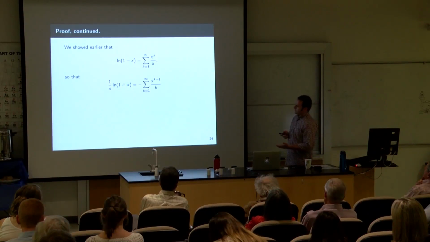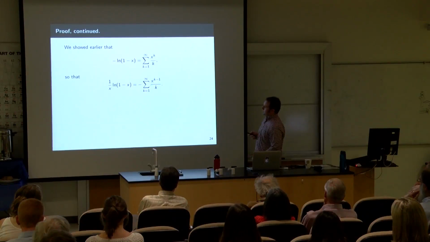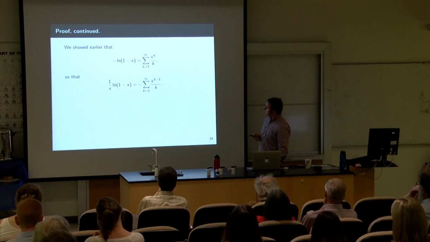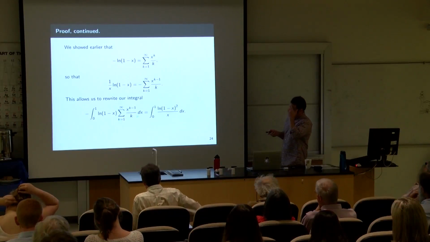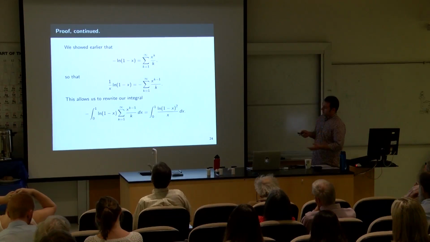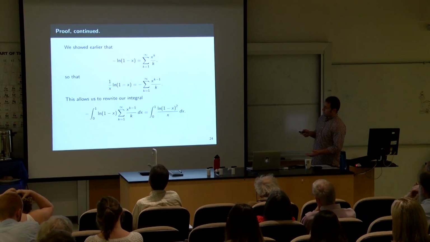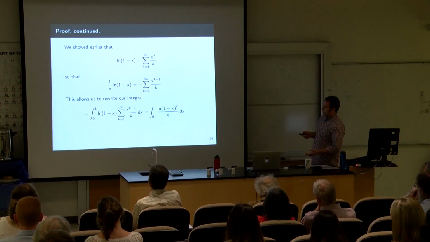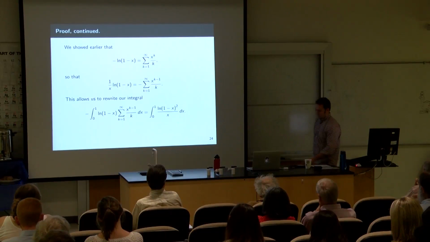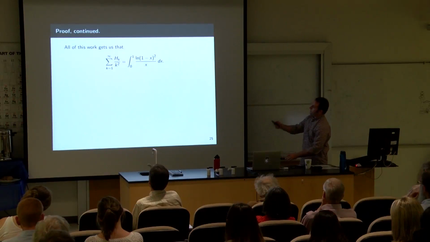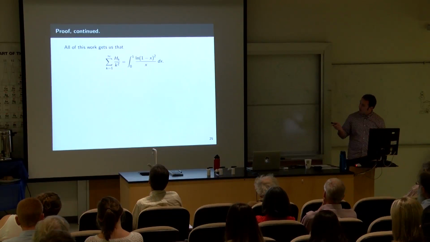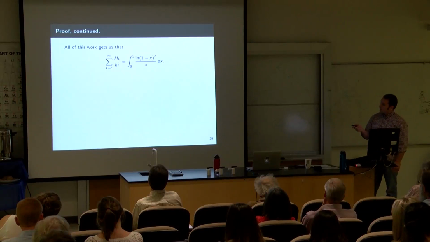So 1 over x times natural log of 1 minus x is equal to this. So in this integral we can just replace this sum with the expression 1 over x natural log of 1 minus x. And this is what you get. So to summarize, all that was to show that the sum we want to compute is equal to this integral.